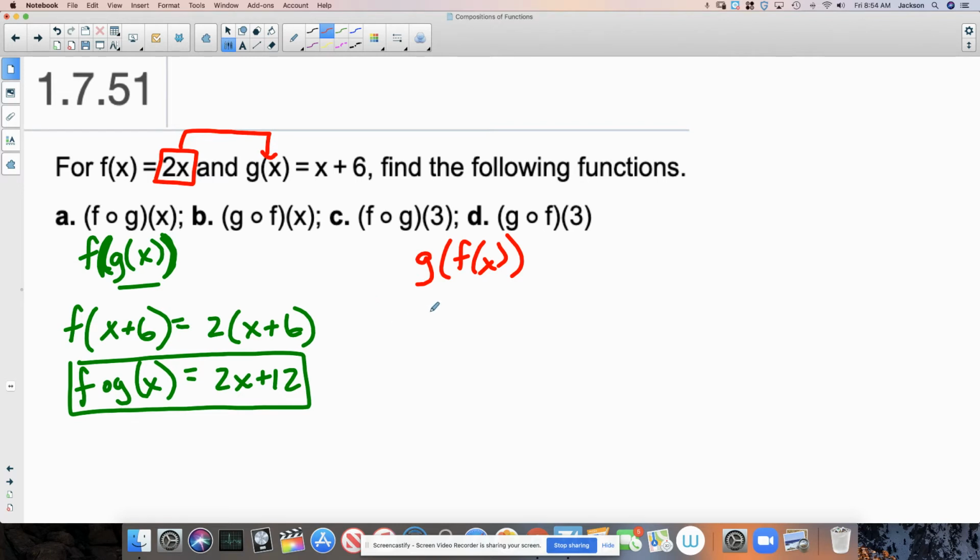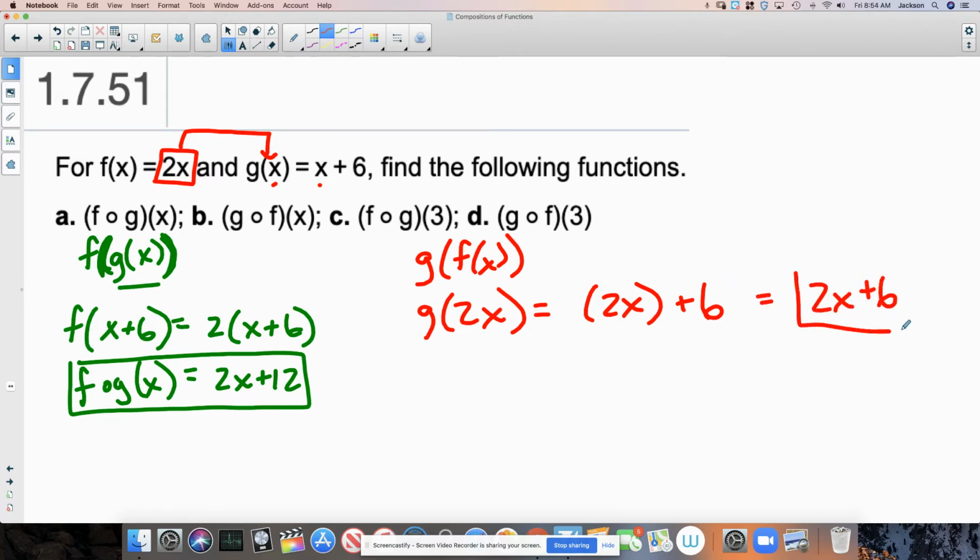So this becomes g of 2x, which means I'm taking 2x and plugging it in wherever the x used to be. Because what does g do? The function g takes its input and adds 6 to it. So if the input is 2x, then I take 2x and add 6. I get 2x plus 6. So here is the function g of f of x.